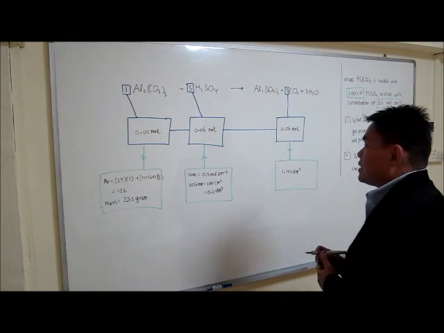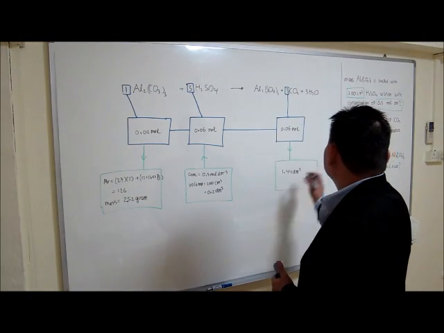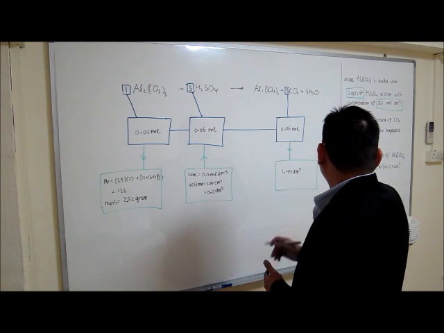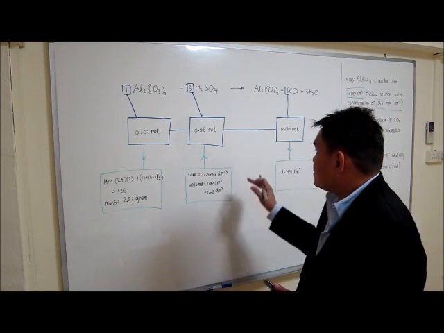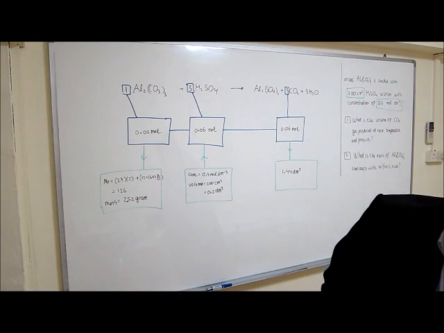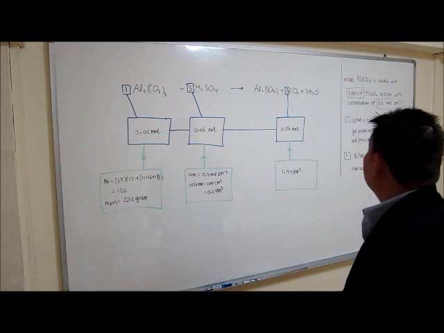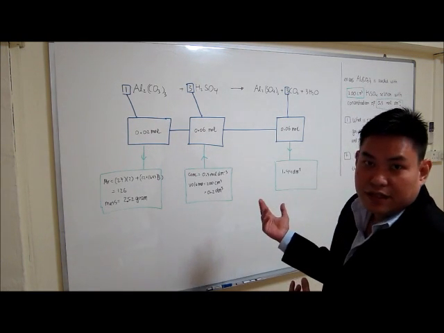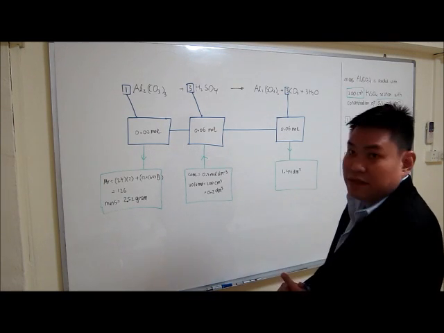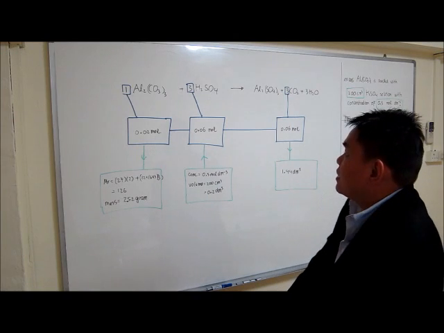Yeah. So that's how we answer this question, right? And so if we revise what we learned today, basically if you encounter this type of mole calculation question, you just prepare space.